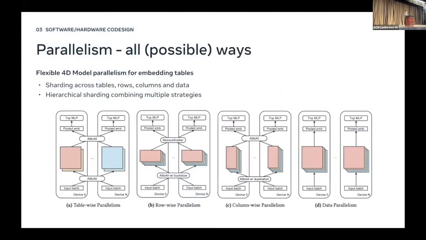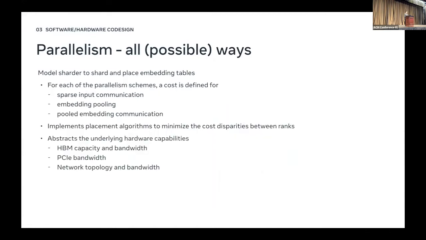So to do that, we implemented a flexible sharder that can do embedding sharding along 4 different dimensions, namely table-wise, row-wise, column-wise, and data parallelism, each of them having very different characteristics on the runtime.